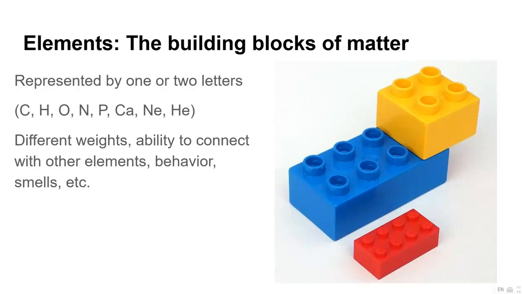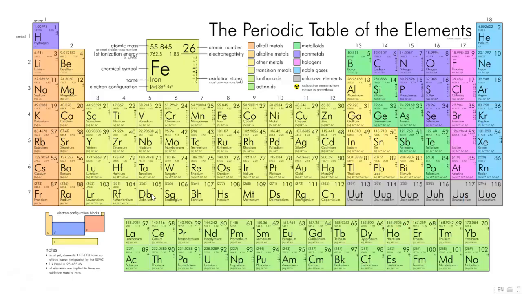Each of these elements has differences in weight. They differ in their ability to connect with other elements, how they behave, how they smell, how metallic they are, all sorts of characteristics.